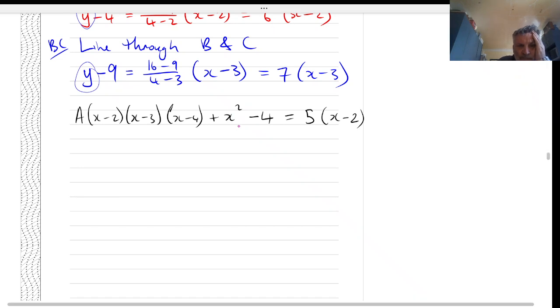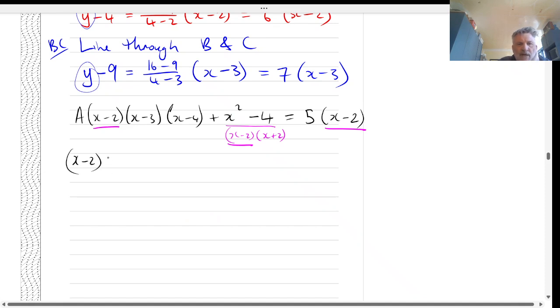What I see here is that x squared minus 4 can be factorized as (x − 2)(x + 2). Each of these terms has a common factor of x − 2. So we can write this as (x − 2) times a big bracket: a(x − 3)(x − 4) plus (x + 2), equal to 5, but we can subtract the 5 and make that equal to 0.